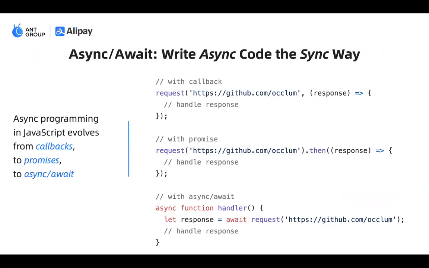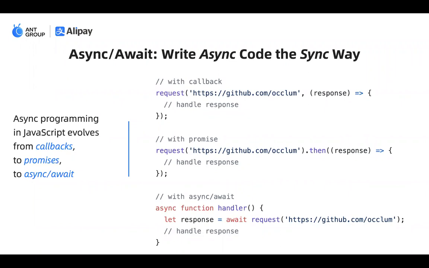Okay, so to do asynchrony, we need to express the async logic, the async code, and we need to write very complex async logic easily. So this is why we need to find a better programming language support for async programming.